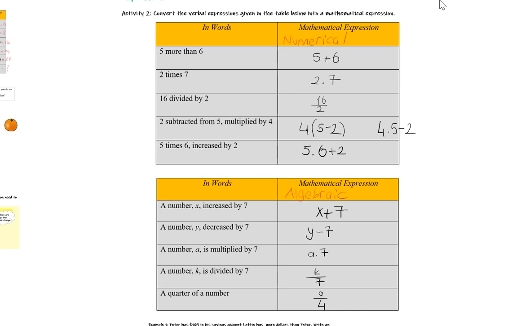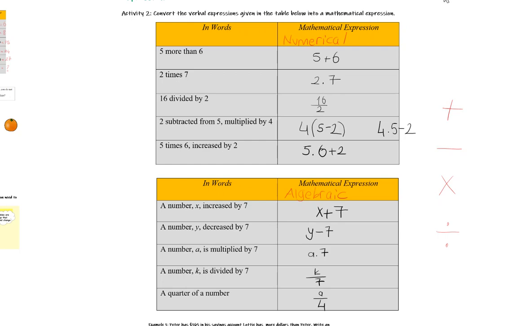Sometimes you might have to describe a real-life situation using a mathematical expression. You need to imagine what would happen to a quantity and write that down using variables and a plus sign or a minus sign or a multiplication sign or a division sign.